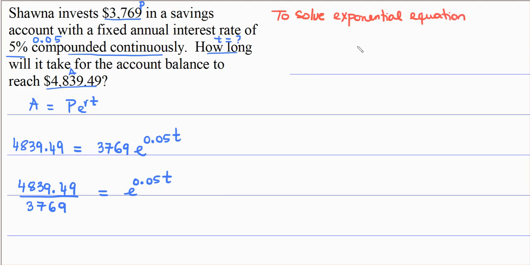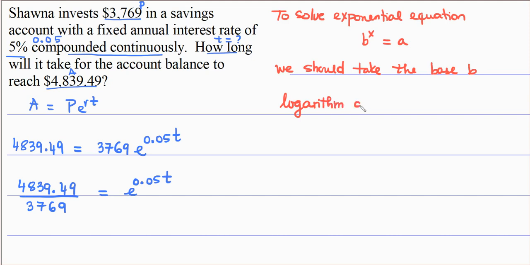So let's say our exponential equation is b to the x equal a. This is our advice for you: take the base b logarithm of each side.